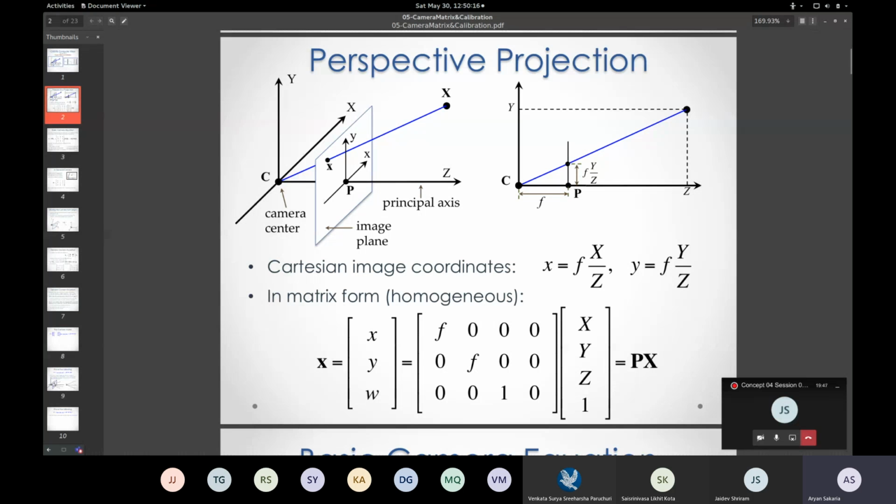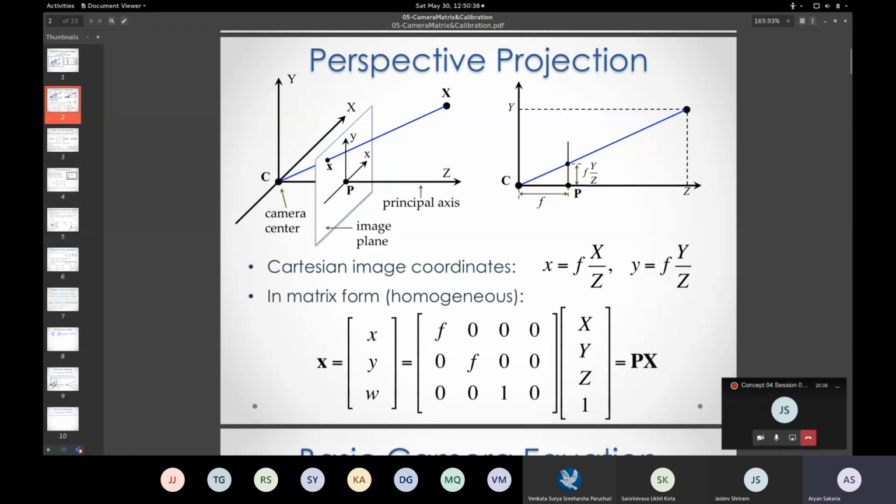It's basically the focal length away from the center, right? So that's the image plane, and everything that's projected on the image plane is going to be your image, right? So you have a point, and it projects onto the image plane, and we basically get a location of that point on the image plane.